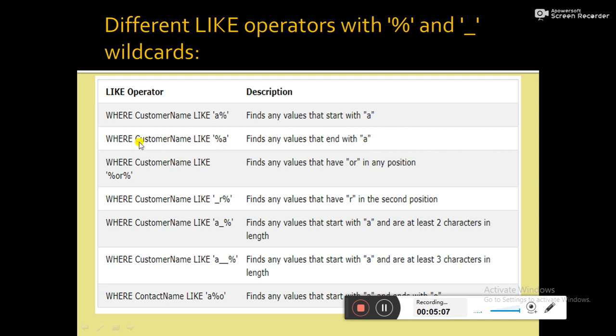So how to represent that? By customer name LIKE '%a'. The difference between the first one and the second one is that as the last character is A, we have to put the percentage sign before A. Percentage means it may be zero characters, a single character, or any number of characters, but at the end it should be A.